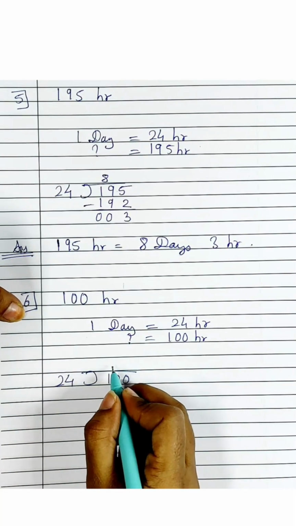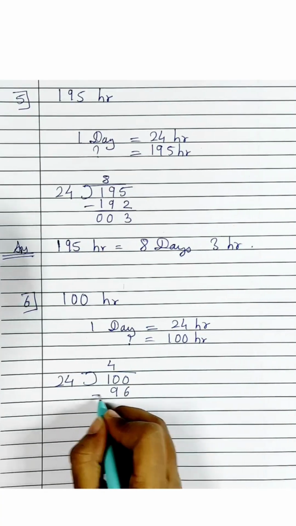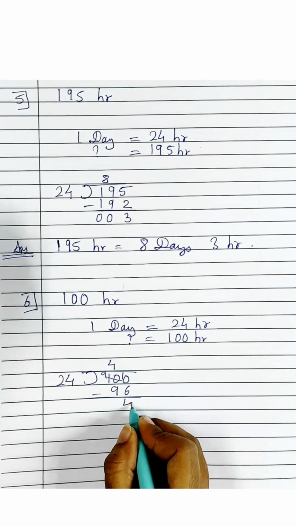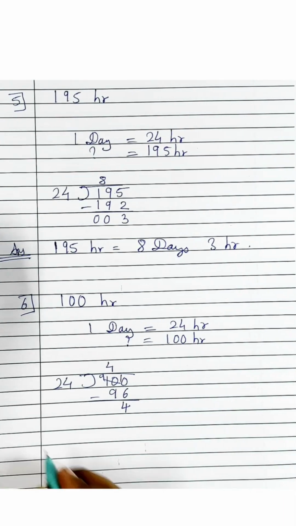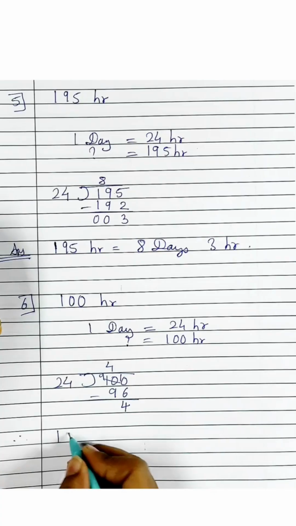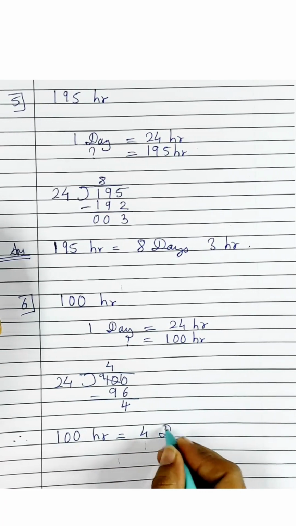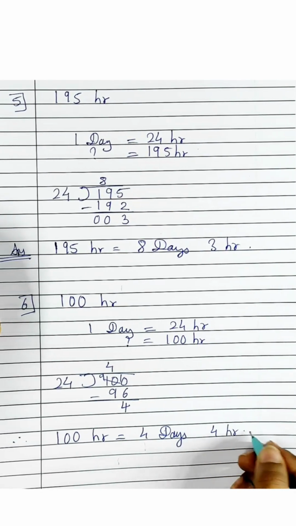So 24 4s are 96, which will give you remainder 4. So therefore 100 hours includes 4 days and 4 hours.